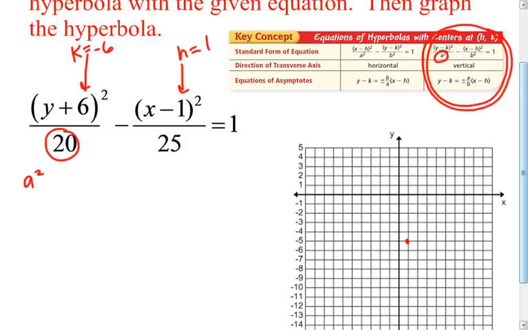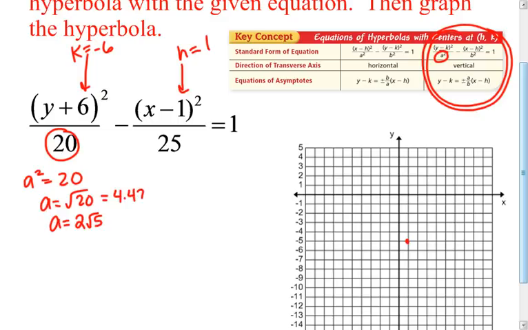So I know that A squared is 20, so I know that A is the square root of 20, or better yet, A is 2 root 5. Now, in order to graph that pretty accurately, you probably want a decimal for that. A decimal value for the square root of 20 is 4.47, just so you know.